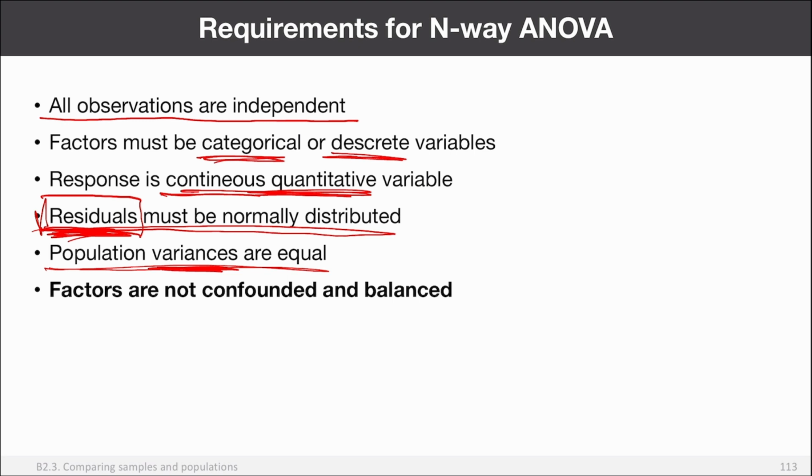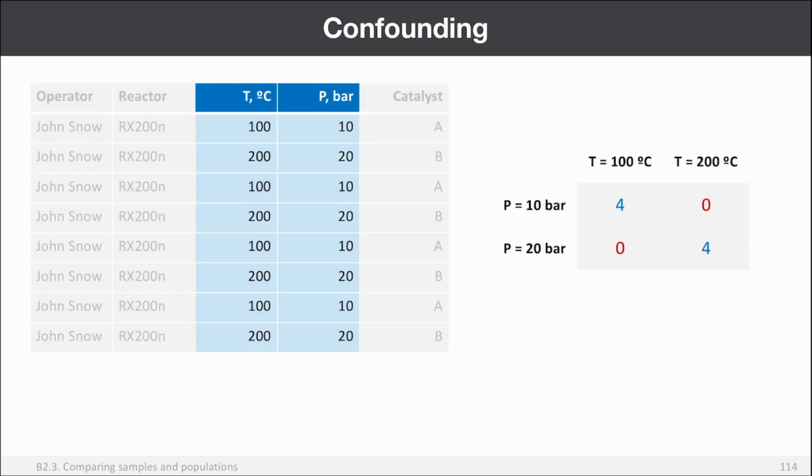But I also need to tell you that there is one more important requirement: that factors are not confounded and they are balanced. What would be confounded factors? Well, in this case, you can see an experiment where I have 2 parameters, temperature and pressure. And you can see that it looks like they are discrete. So we have only 2 values for temperature, 100 and 200 degrees, and also 2 values for the pressure, right?